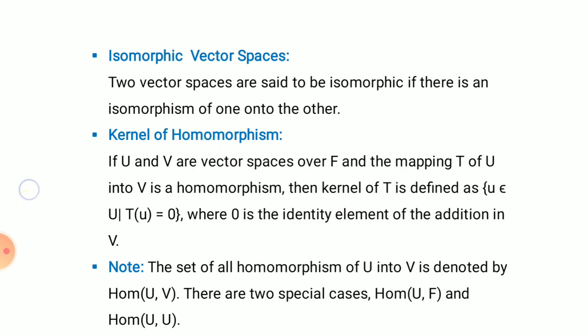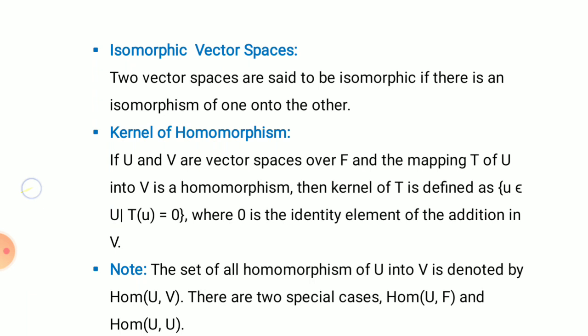Remember that kernel is a set of elements u belonging to capital U satisfying the condition that T of u equals 0. Kernel of T is the set of all elements small u belongs to capital U such that T of u is equal to 0, where 0 is the identity element of addition in V.